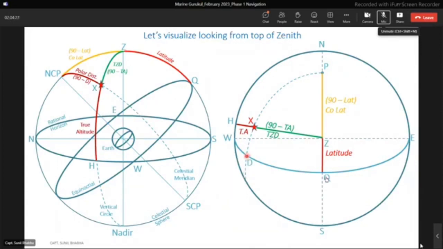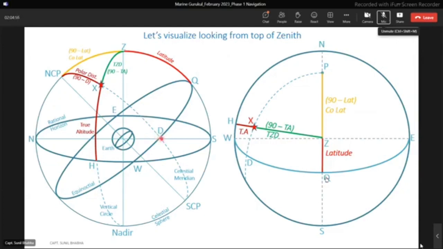Now the celestial meridian of the body cuts the WQE line, the equinoctial, at point D. You can look at it in the celestial sphere also. The celestial meridian from the pole going up to the body X goes up to the equinoctial at this particular point. So this point here is the D point referred to in our rational horizon diagram.